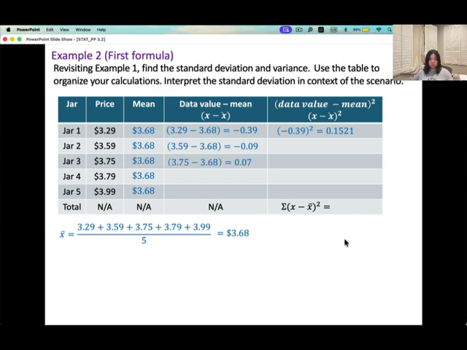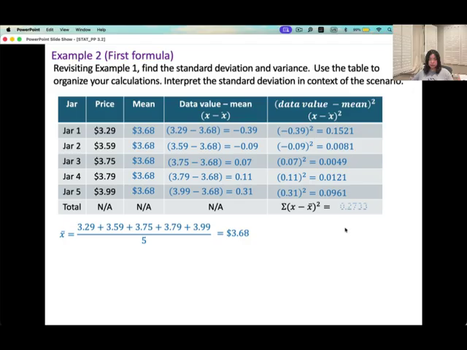Okay, check your work. And then add it all up here. Okay, now look at the formula. We do have the square root of summation x minus the mean squared, which is gonna be this guy.